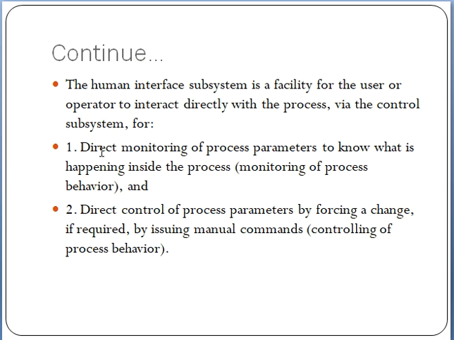The HMI subsystem is a facility for the user or operator to interact directly with the process via the control subsystem. First, direct monitoring of the process parameter to know what is happening inside the process. Second, direct control of process parameters by forcing a change if required by issuing manual command, or you can say controlling of the process behavior.